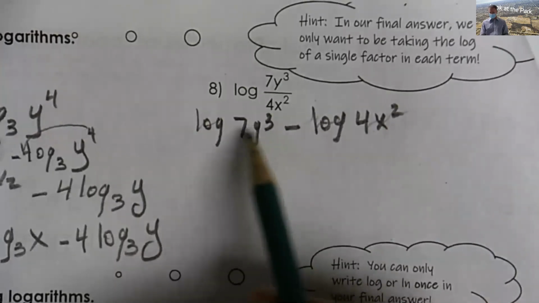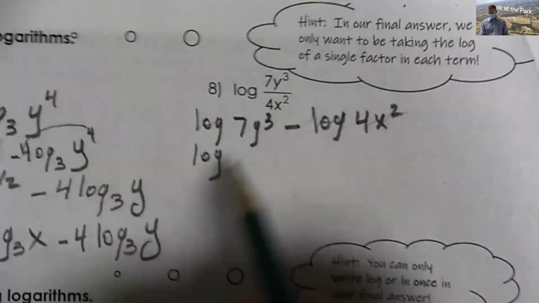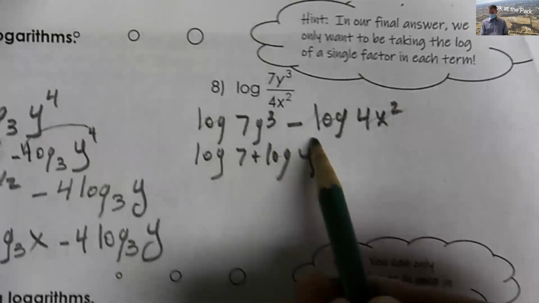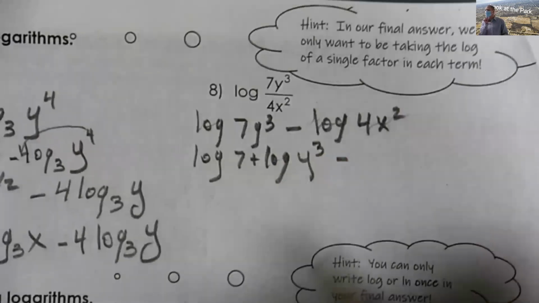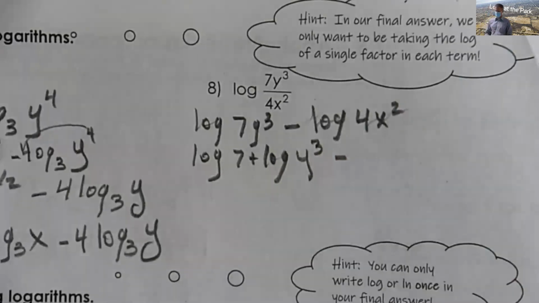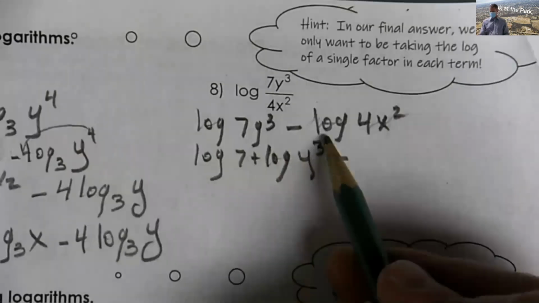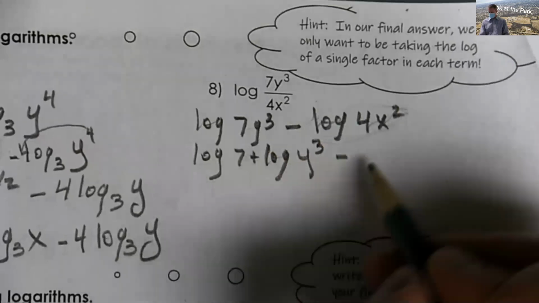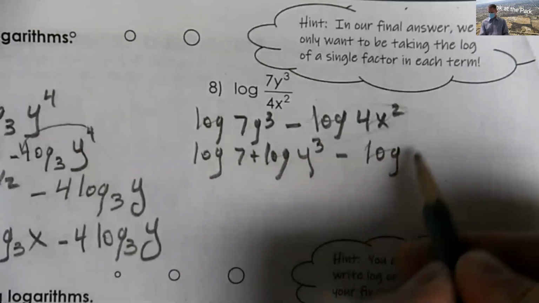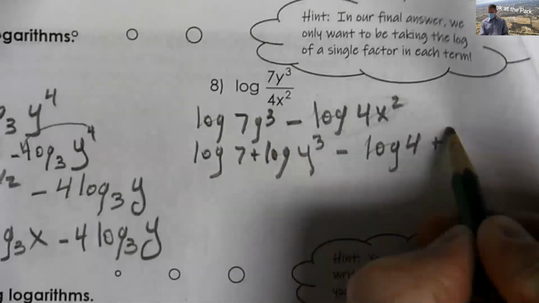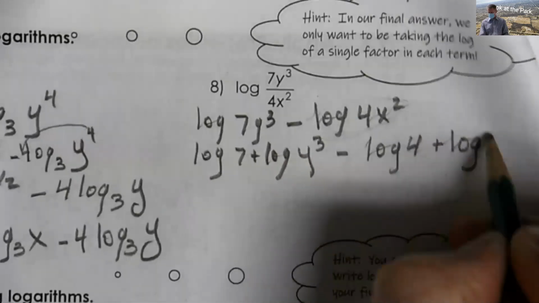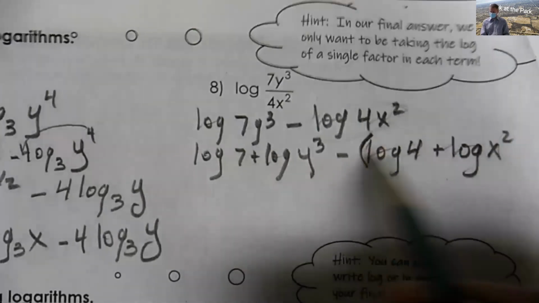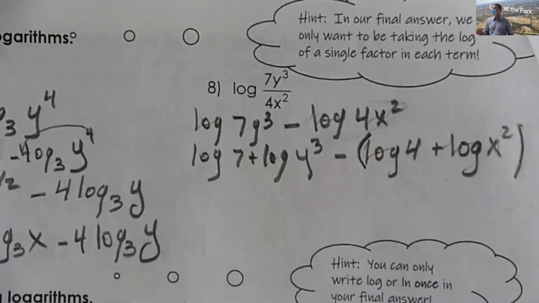Here we have two factors. We have log 7 plus log y cubed minus, now here you've got to be real careful because we're subtracting this whole logarithm. But if you write this logarithm into 2 parts, you need to be sure to subtract that whole 2 parts.